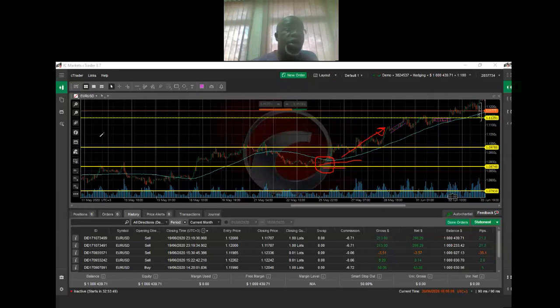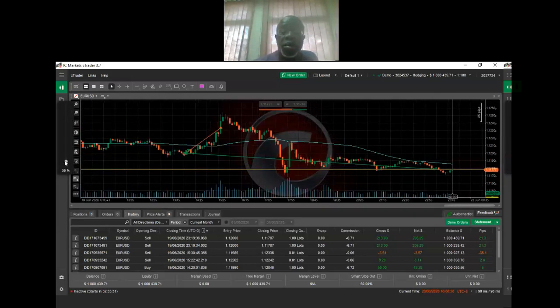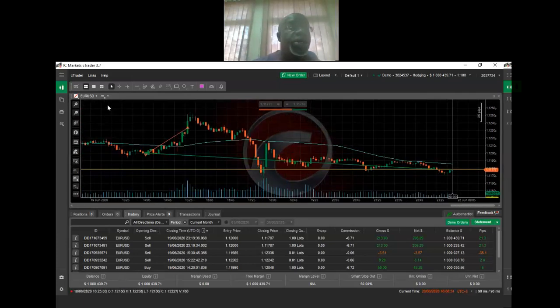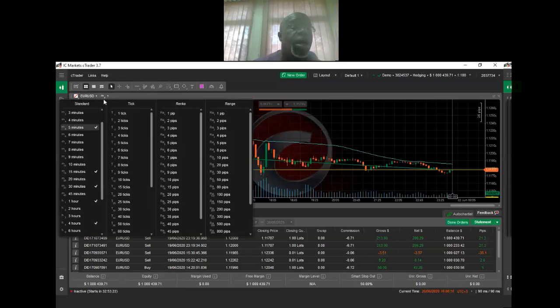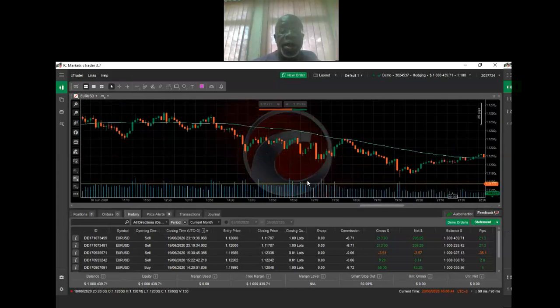Now, if you go to an even smaller time frame, like 5 minutes, the same thing will happen if you zoom out. The time is, that's daily, sorry, oh, that's 5 minutes. Okay, the same thing, you scroll backwards.